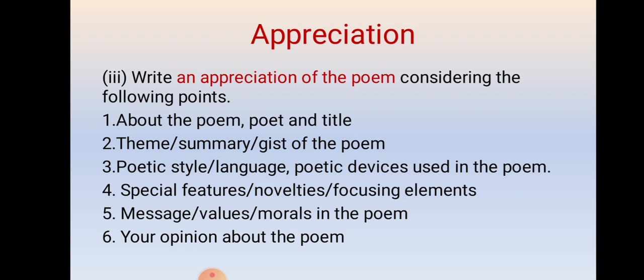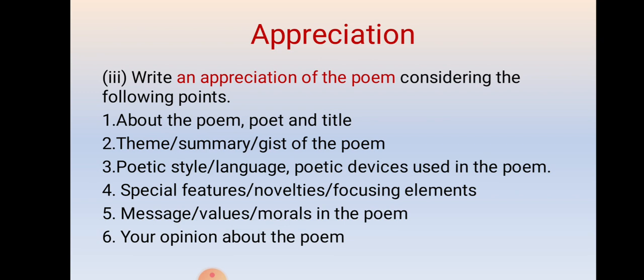Then, poetic style, language, or poetic devices used in the poem. So, you have to mention which figures of speech are used in the poem. Then, whether the poem has special features or some novelties, meaning novel things, new things, or some focusing elements on which you can focus. If these special characteristics are there, then you have to mention them.